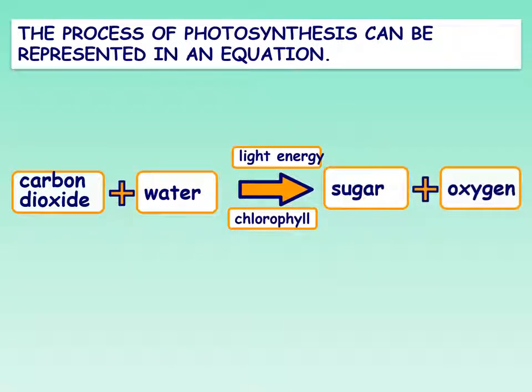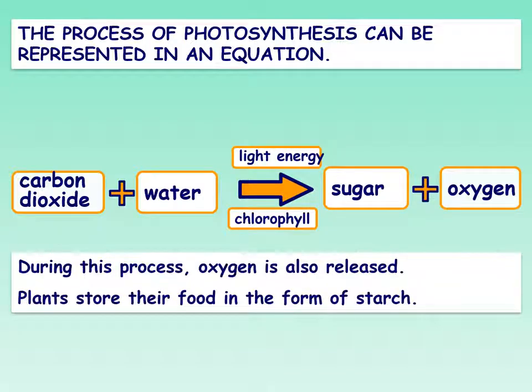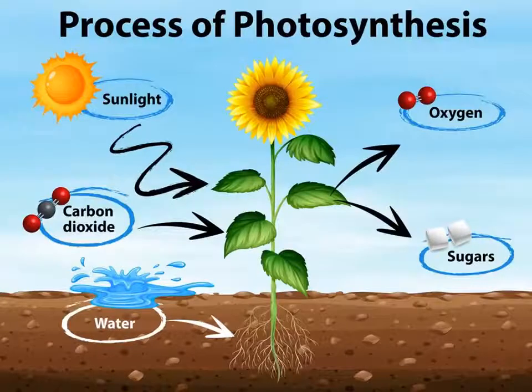This equation shows the process in which carbon dioxide and water in the presence of sunlight and chlorophyll produce sugar with oxygen. During this process, oxygen is also released and carbohydrates get stored in the form of starch. This diagram shows the process of photosynthesis.